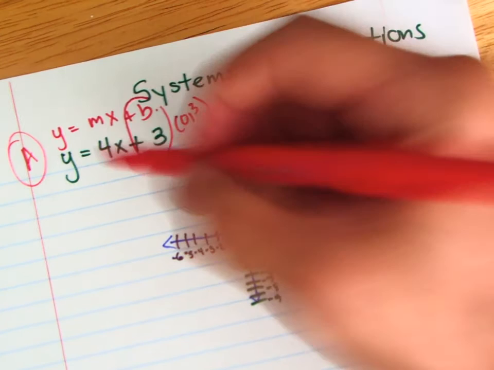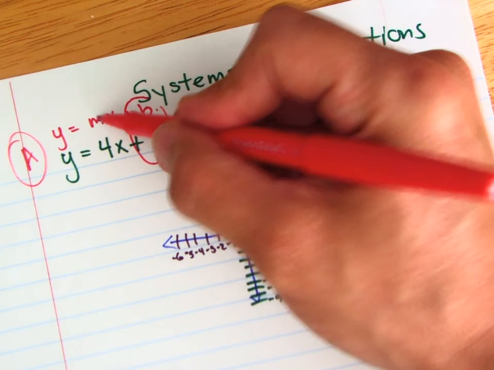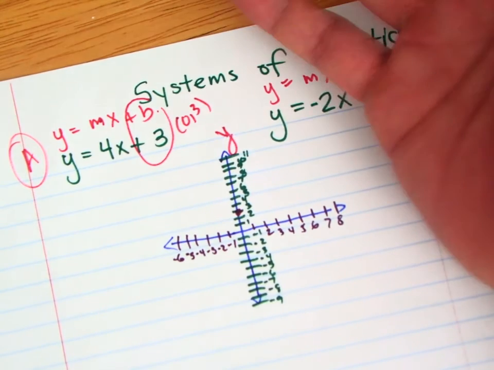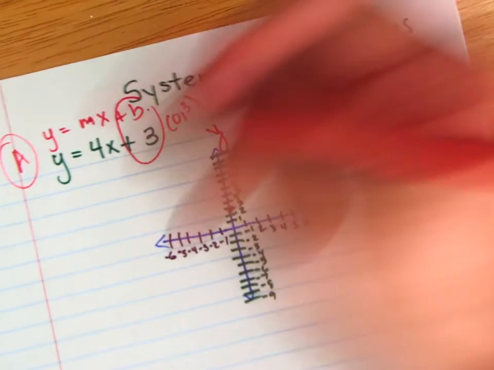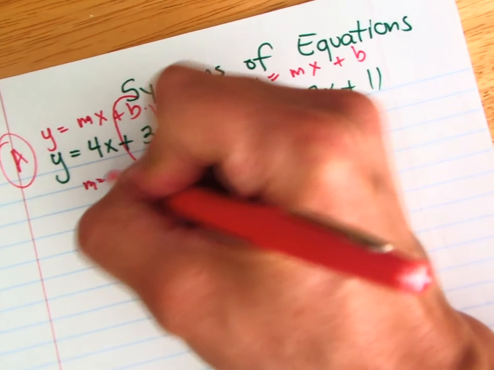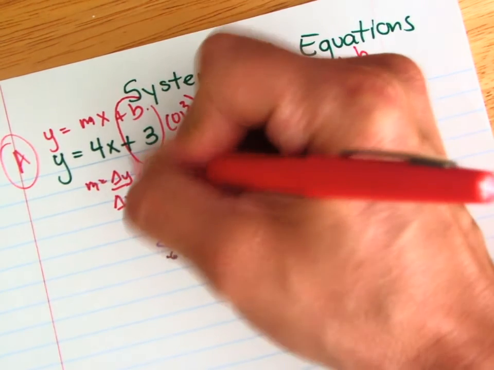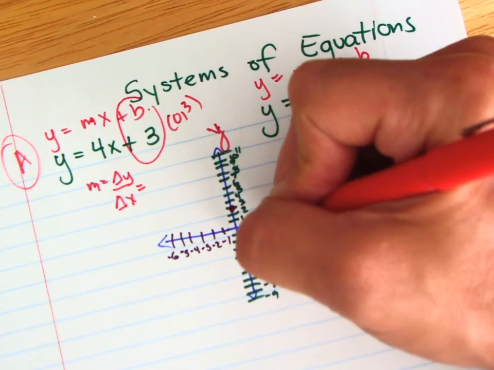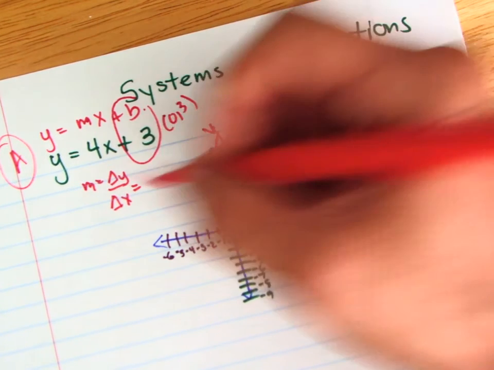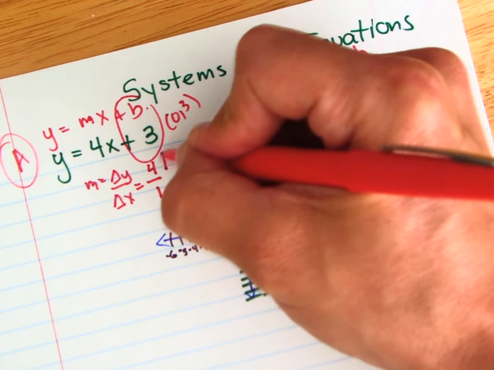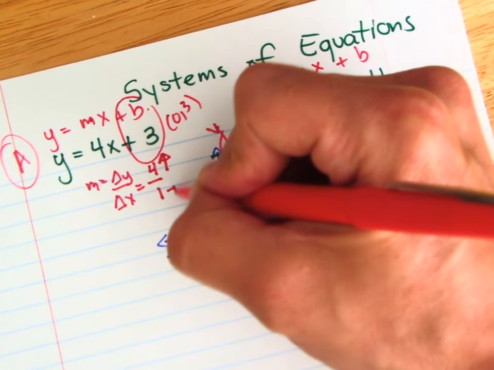And then your m, which I always said is move, but we call it slope, right? That's where it's going to move. So m is the change in y over the change in x. Remember, the change in y goes up or down. So this is going to be 4 over 1, so it goes up 4 and 1 to the right.